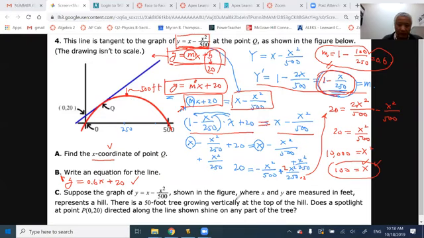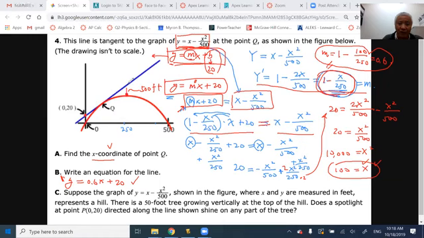And this one represents the hill. There is a 50-foot tree growing vertically at the top of the hill. The spotlight is at the point (0, 20), shining directly along the straight line.